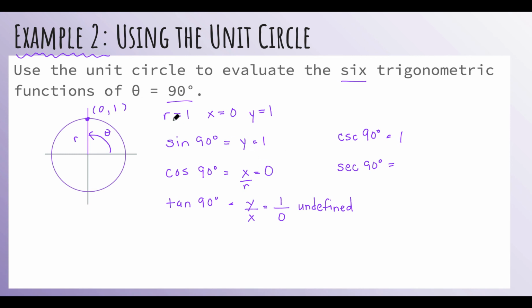So this is 0 over 1, so this would be 1 over 0. So the secant, 1 over 0, is undefined. Secant of 90 degrees is going to be undefined. And then the cotangent of 90 degrees, well, we can see it's the reciprocal. It's x over y, so it's going to be equal to 0 over 1, which is equal to 0.